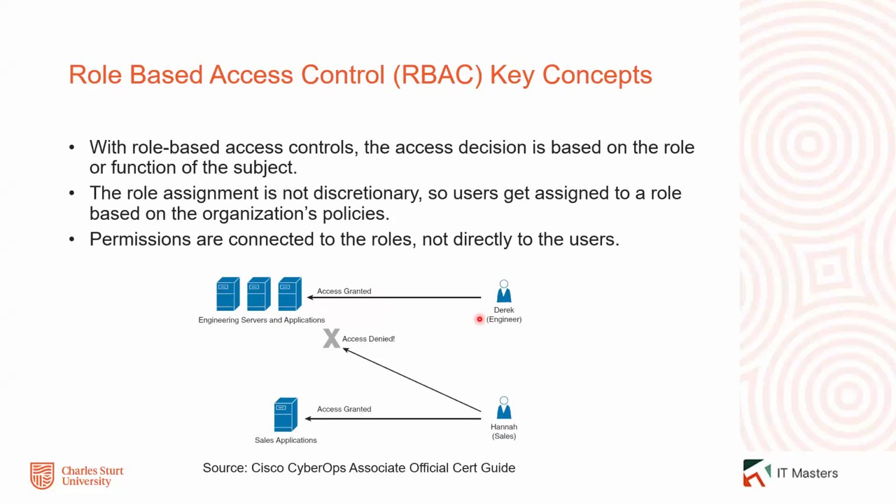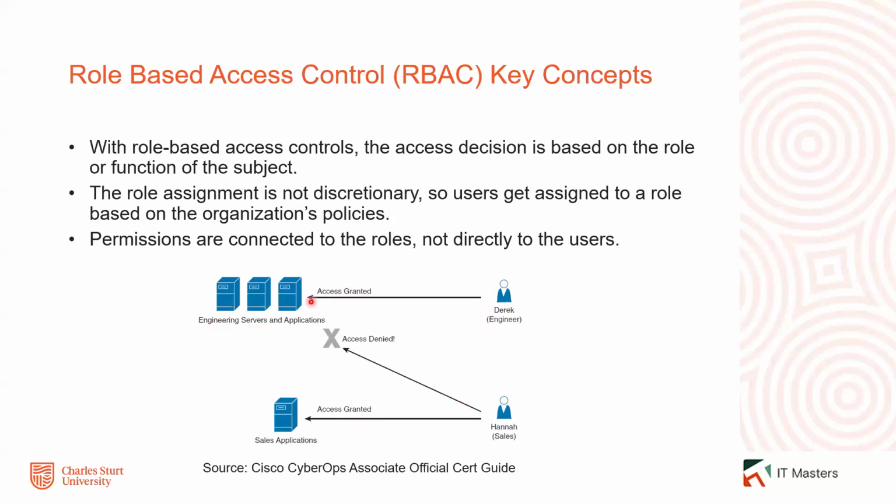But if we worked in a bank and you were a teller, you wouldn't be put into the IT users group, because organizational policy is not going to allow a regular teller to have access to all the same systems that an IT administrator would need access to. And in this example here, we can see we've got some engineering servers and applications.